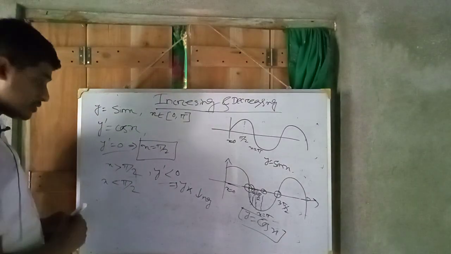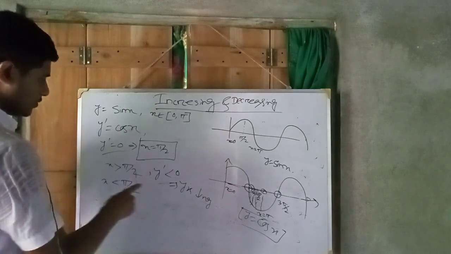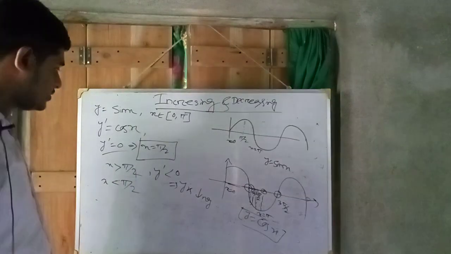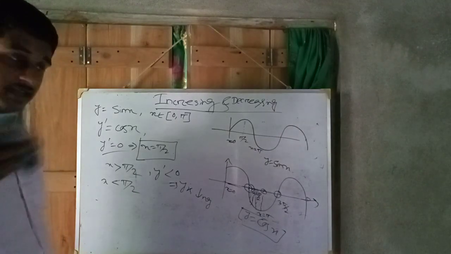Recall from theorem 2 that when the sign of the first derivative is less than 0, the function is decreasing.